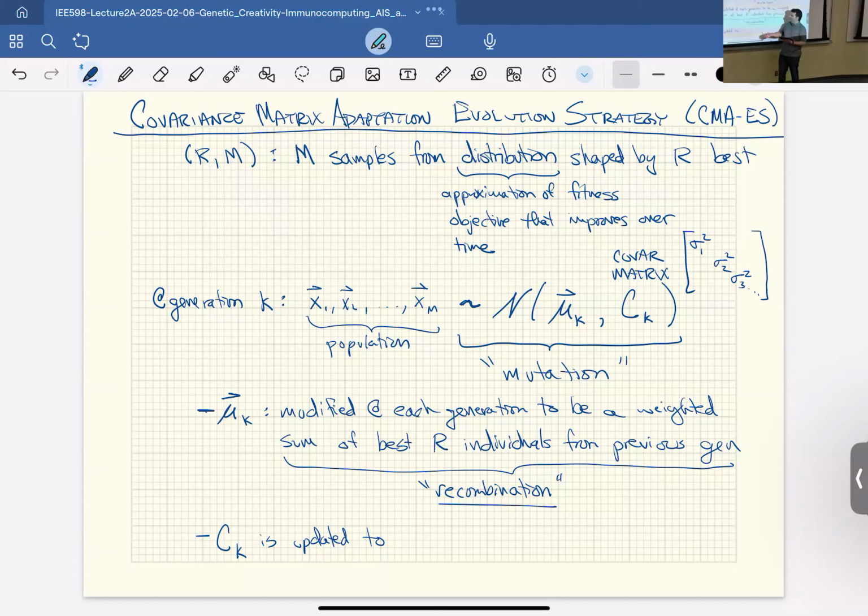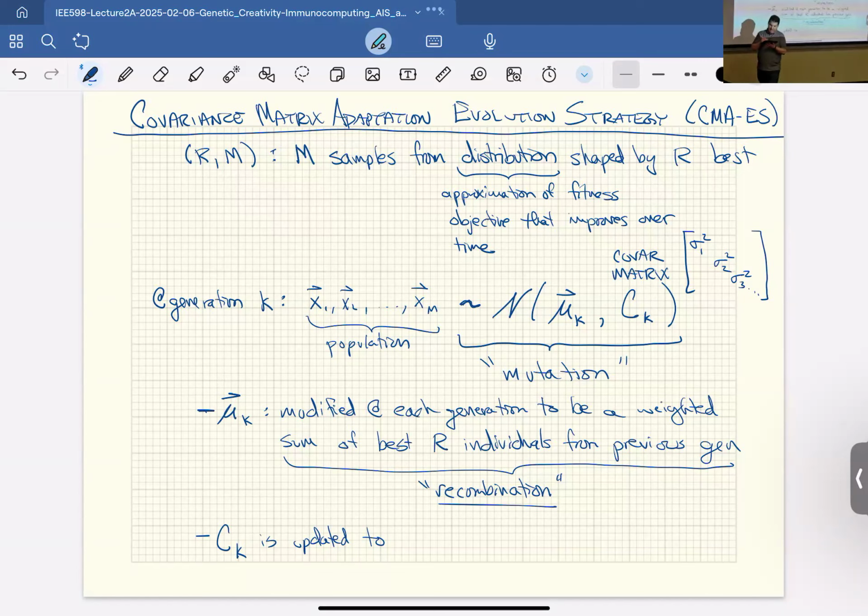And so what we're going to do is update this covariance matrix to reshape it so that if that was a good direction to walk in, it would be very likely that this shaped cigar, this shaped multivariate normal distribution, would likely produce that step. So this is where we're going to capture that kind of gradient and curvature information.